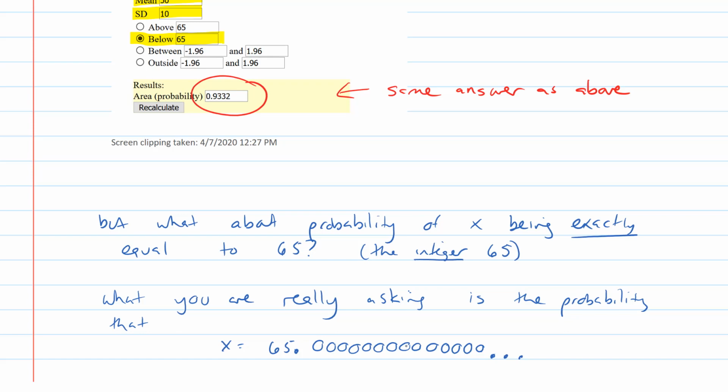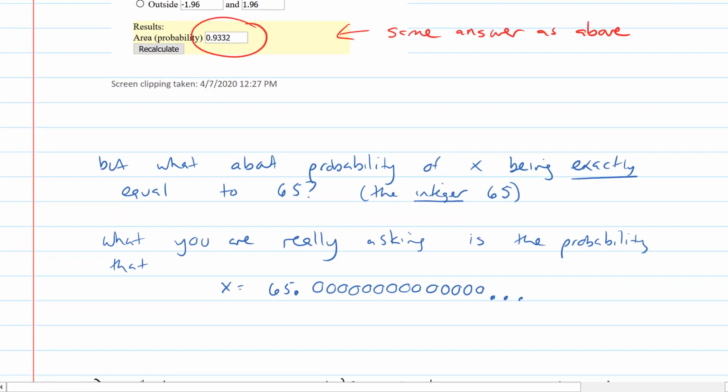So the probability of any one value is identically equal to 0 for real variables. The probability of any one value is 0.